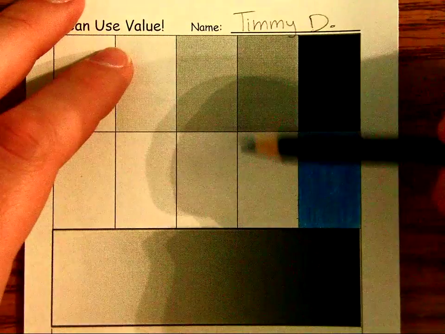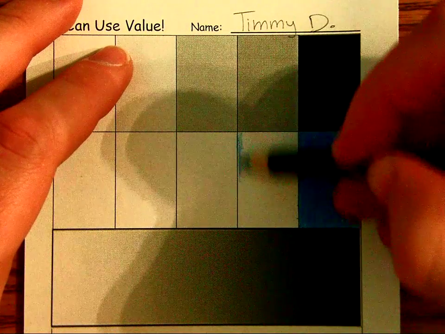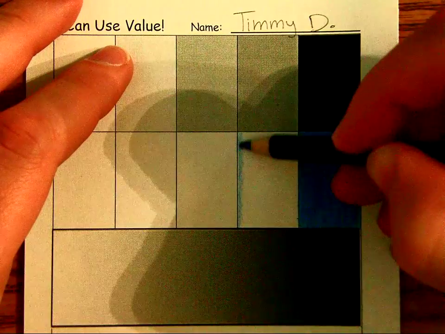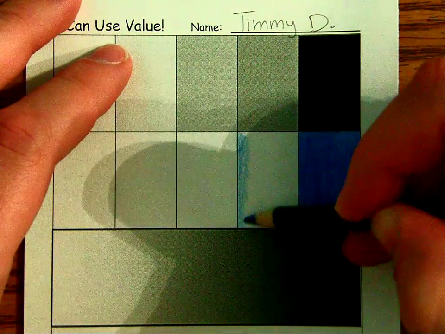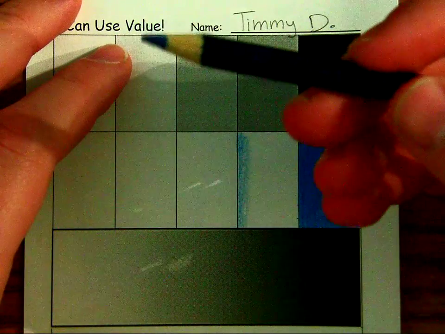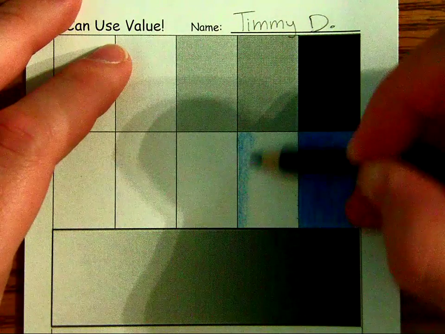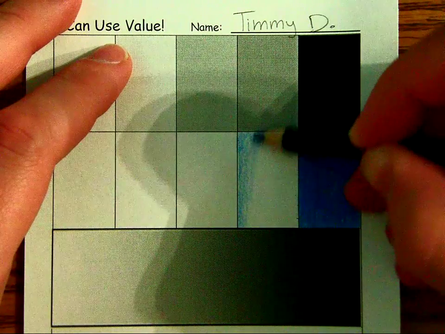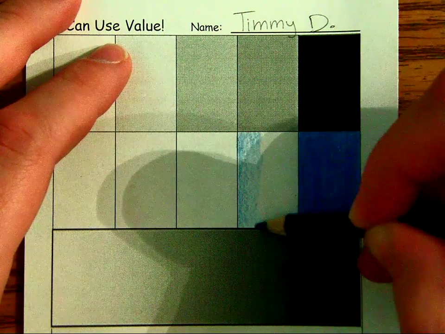So again, start over here on the edge, just to make sure that you know where it's going to be, and then start to fill in that value. Notice already off the bat, my fingers are farther away from the tip of the pencil. And this is quick work, it's not super slow. And again, notice we are moving left to right.